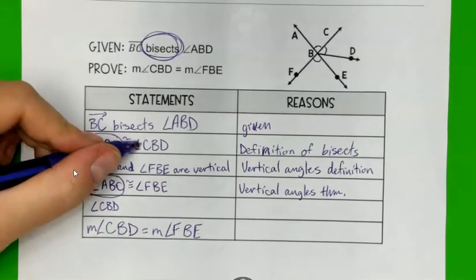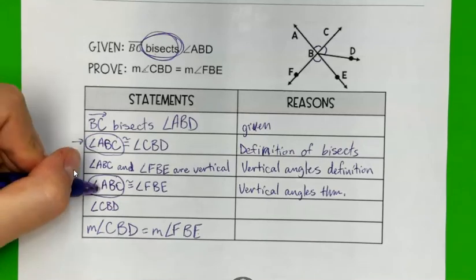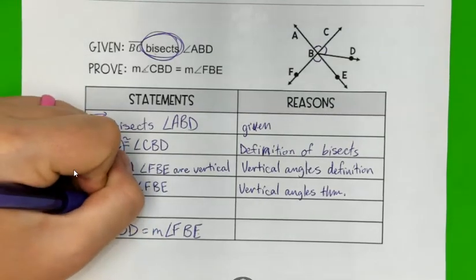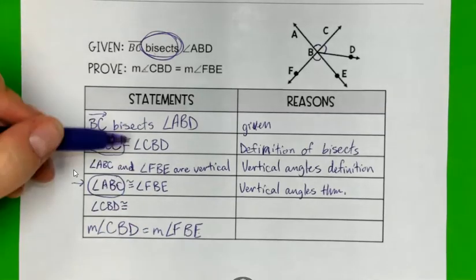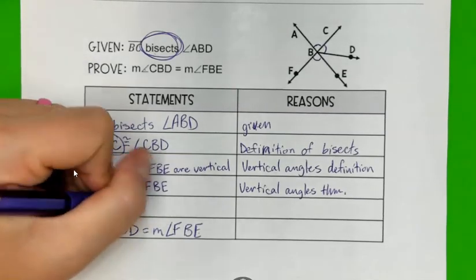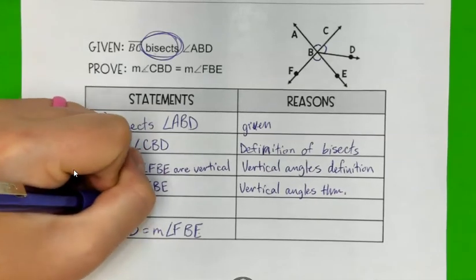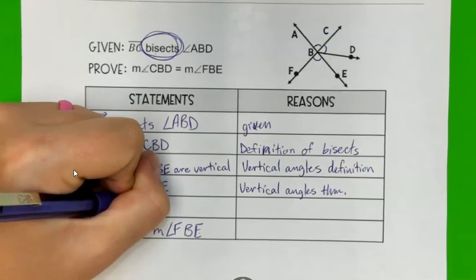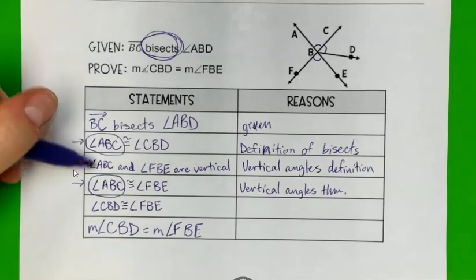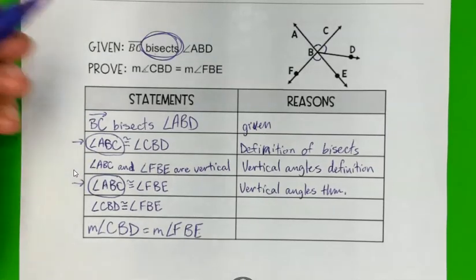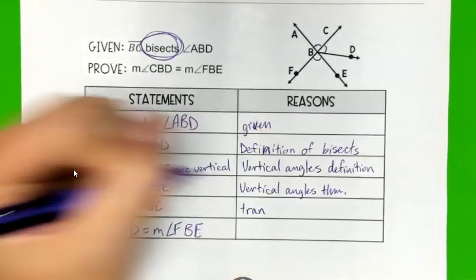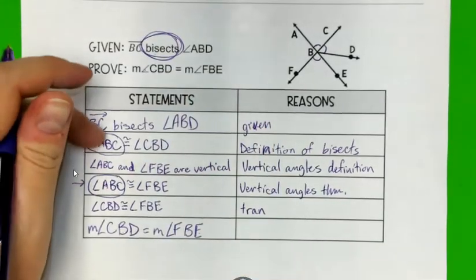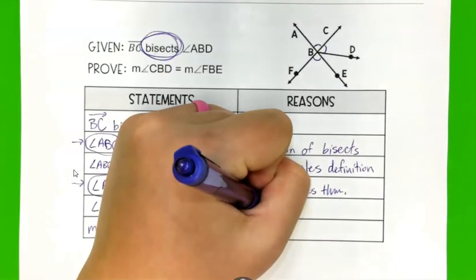So angle CBD is equal to ABC. Angle FBE is equal to ABC. So we're still using congruent symbols here. I'm using congruent all the way through. And they are congruent to each other because they are the same as ABC. So two things equal to each other or two things equal to the same thing are going to be equal to each other.